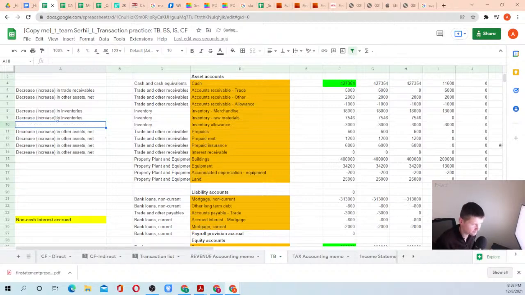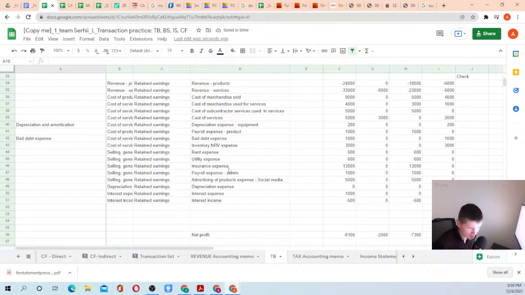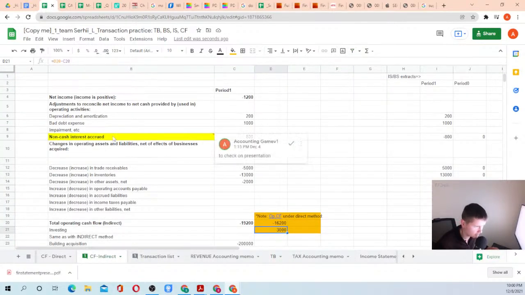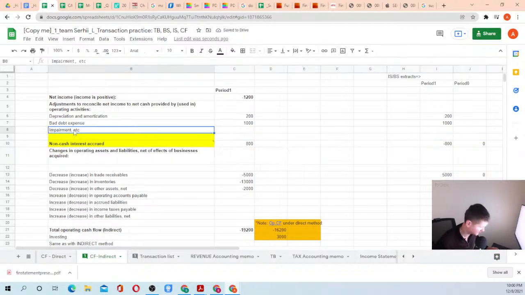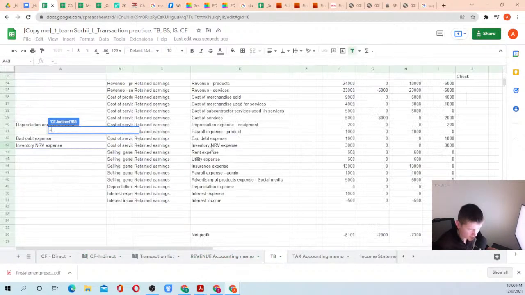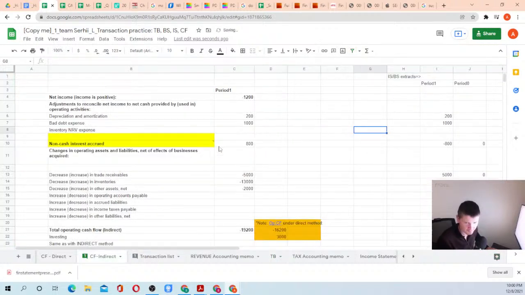Or I can go back here and book inventory NRV expense. And I will add it to here. Okay, impairment doesn't count. Trial balance, inventory, NRV expense.